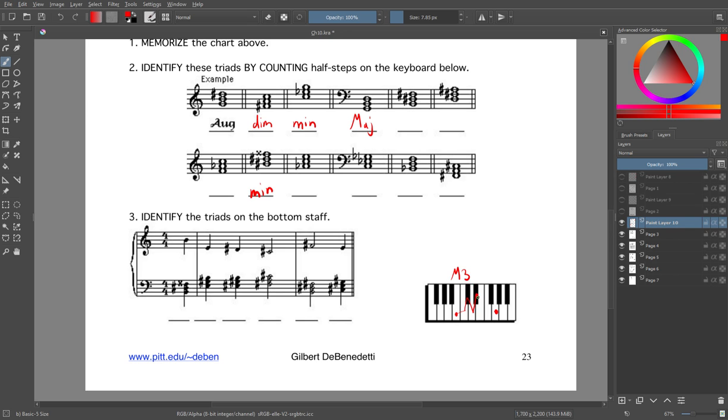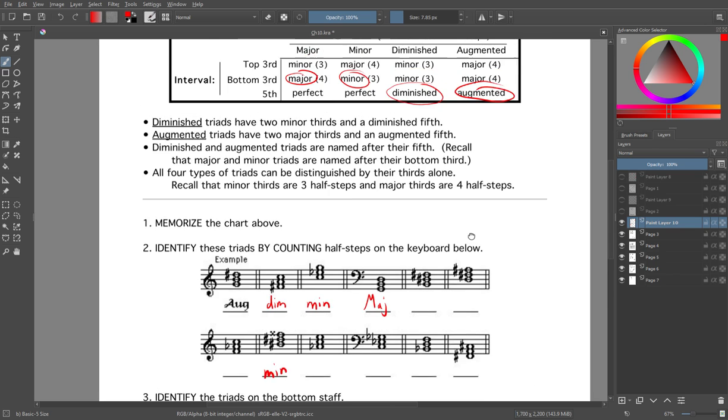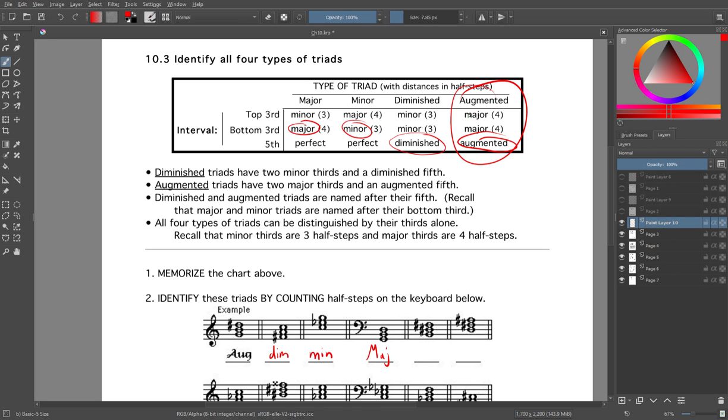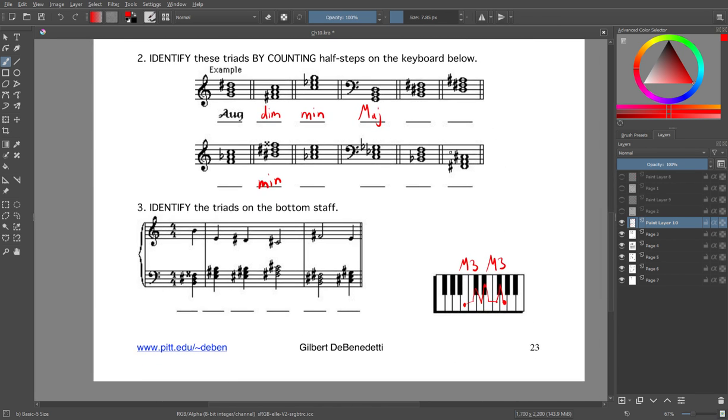That cuts out minor and diminished. 1, 2, 3, 4, another major third. 2 major thirds, augmented. And you're going to do the rest for all of these triads as well.